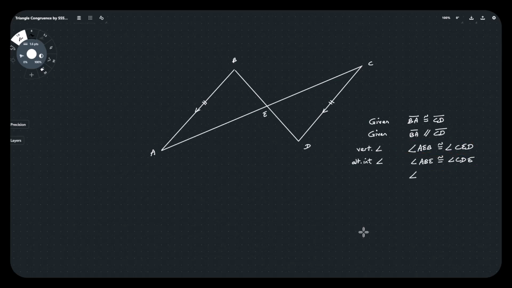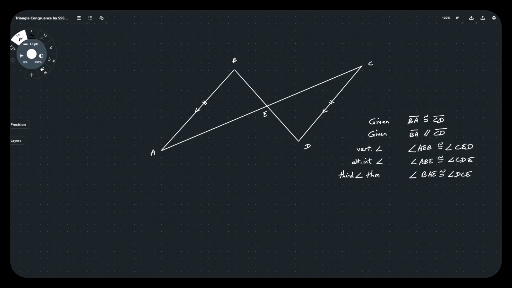I can say angle BAE is congruent to angle DCE. Because if I know 2 of the angles inside a triangle, I know the third, via the third angle theorem is what that's usually called. Third angle theorem.